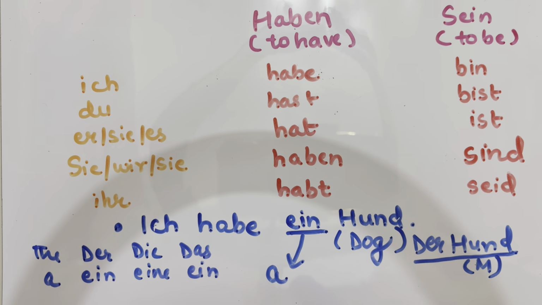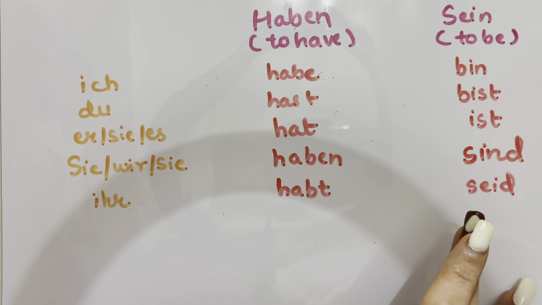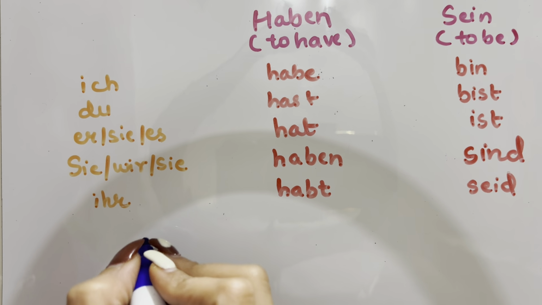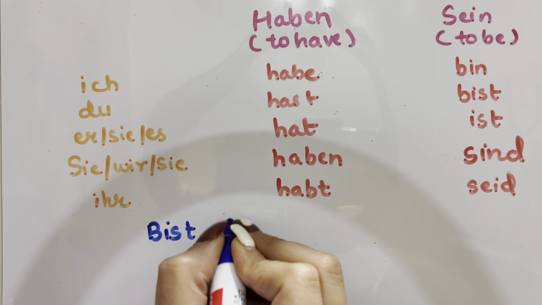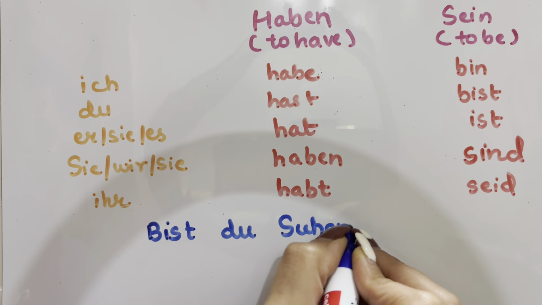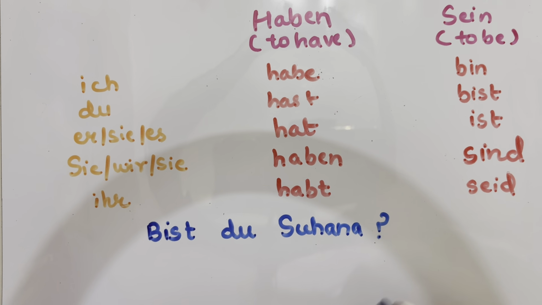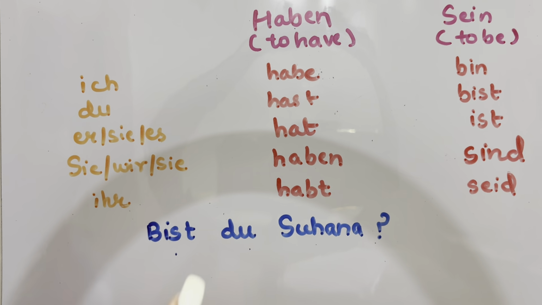So ich habe ein Hund. I have a dog. Now let's have a sentence with sein as well. So bist du Suhana, which means are you Suhana? And one more thing we can see is that here the verb is in the first place.